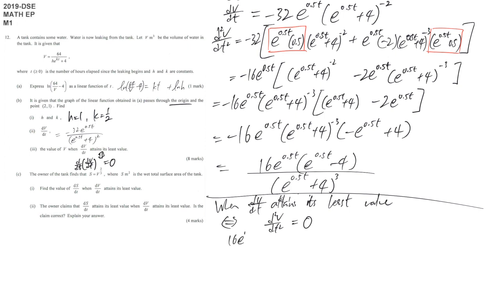That means 16 e power 0.5t, times (e power 0.5t minus 4), over this item, equal to 0. So both sides multiply the denominator, and we just need to focus on this equation. Our conclusion is e power 0.5t equal to 0 or e power 0.5t minus 4 equal to 0. However, the first is impossible. It can't be 0, it must be positive, so we reject it immediately.